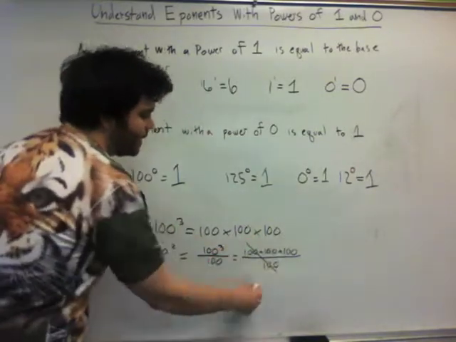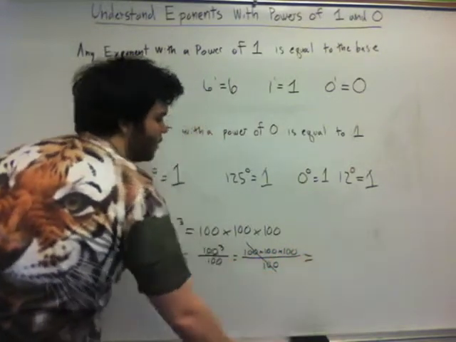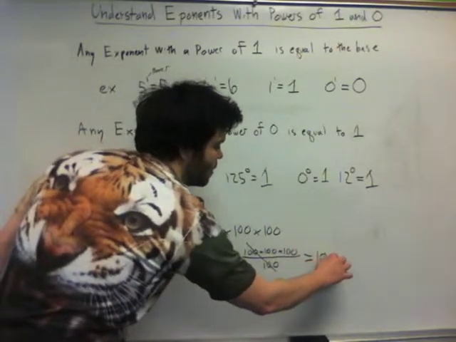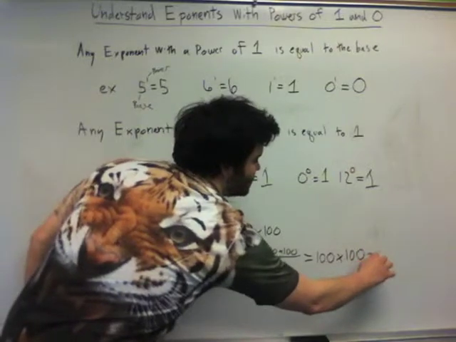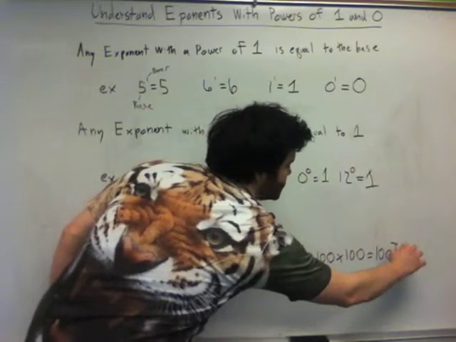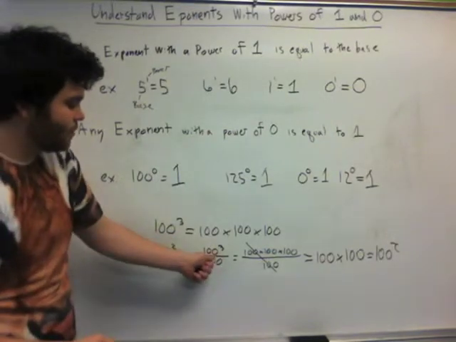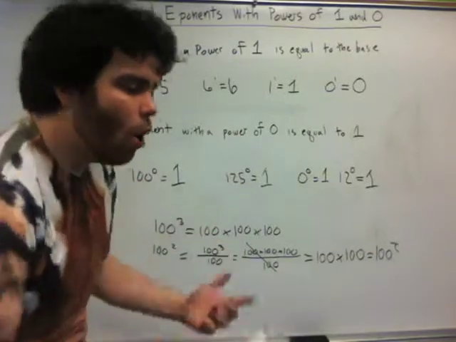We're just multiplying, so we can just cross out, and we get equal to 100 times 100, which is actually equal to 100 squared, which is what we wanted in the beginning. 100 squared, well, that's equal to 100 to the third over 100. We crossed out, we got to 100 squared, so it all works out.